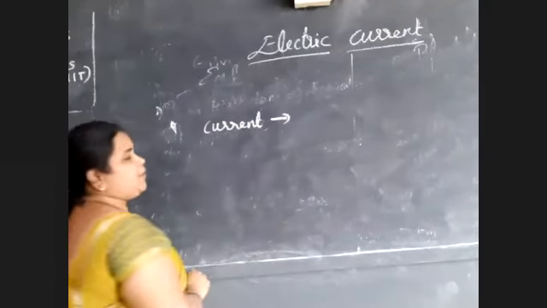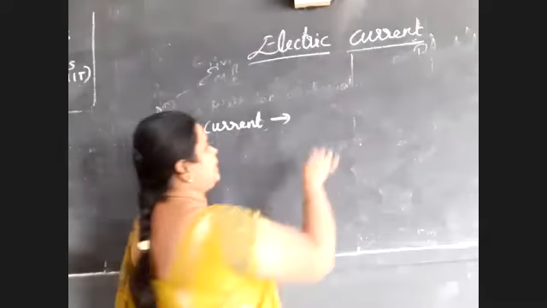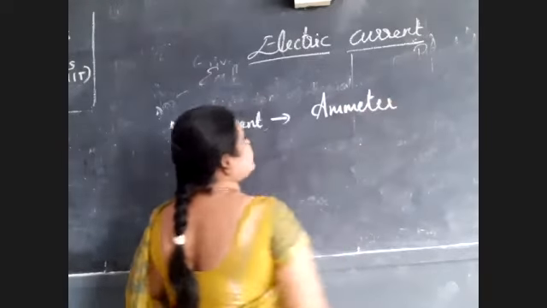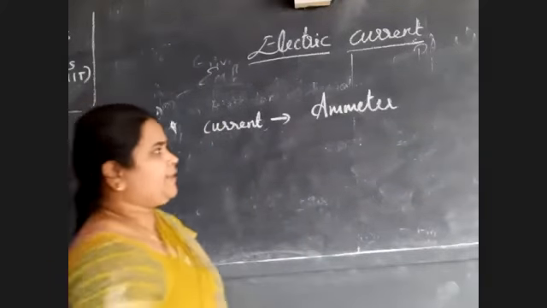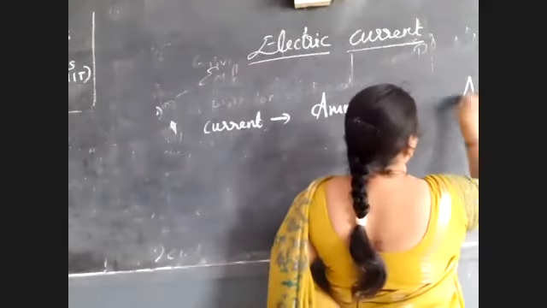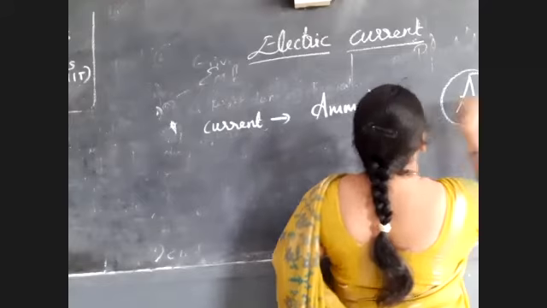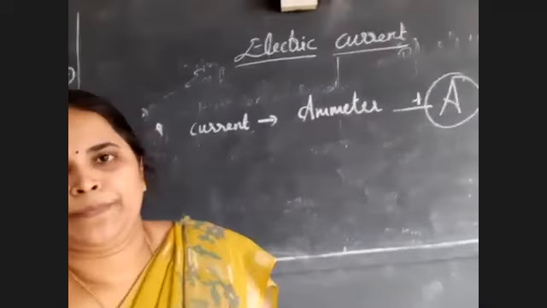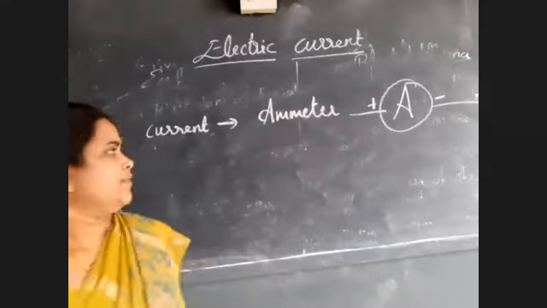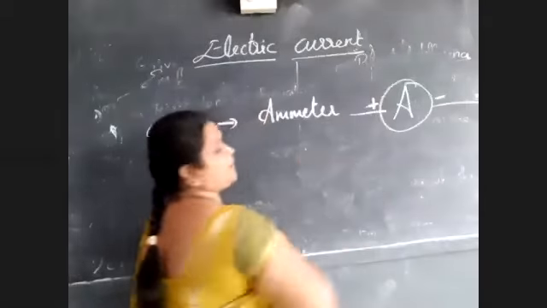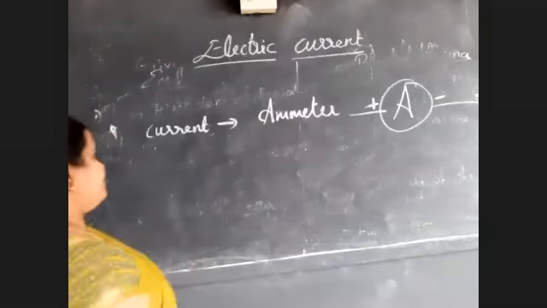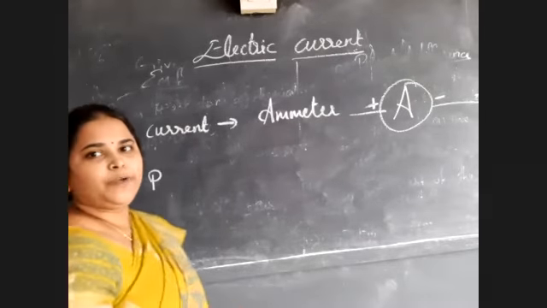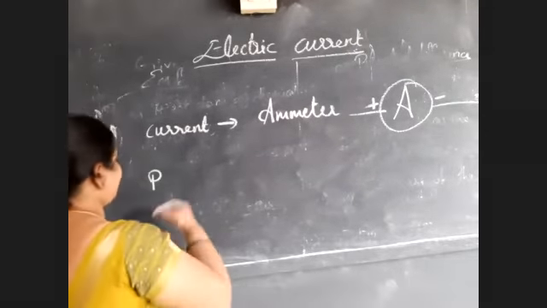Current is measured with the instrument that is ammeter. It is measured with an instrument ammeter, and it is denoted with this symbol. This is the symbol of ammeter. Now, potential difference or voltage. How is potential difference measured?